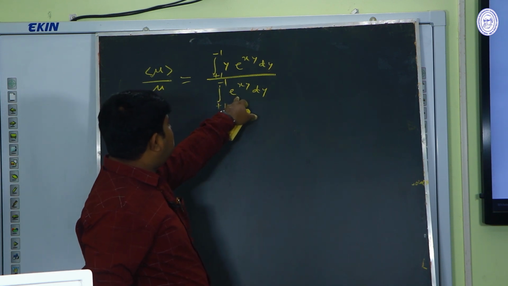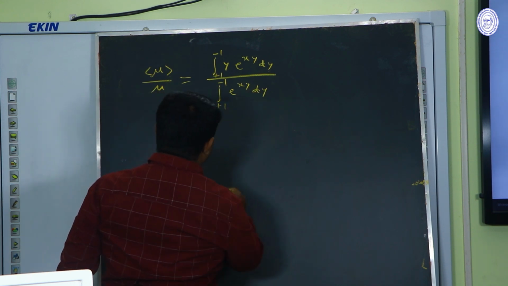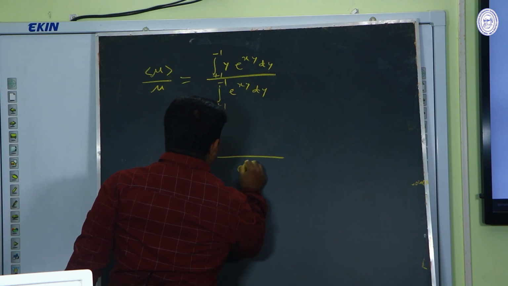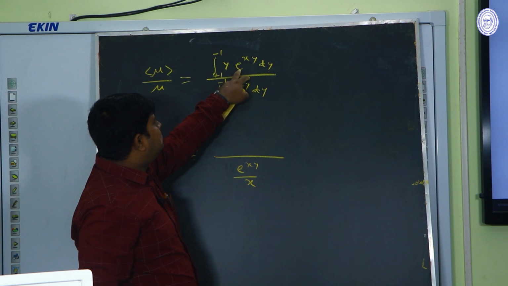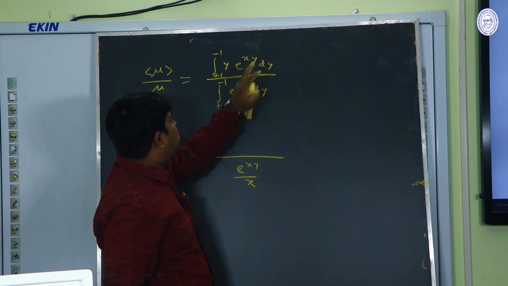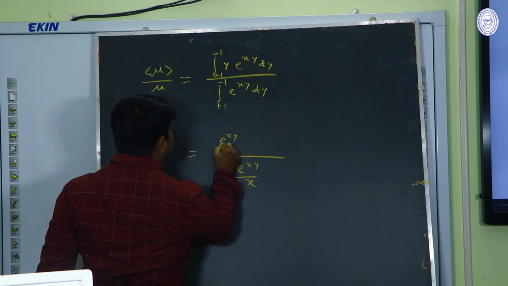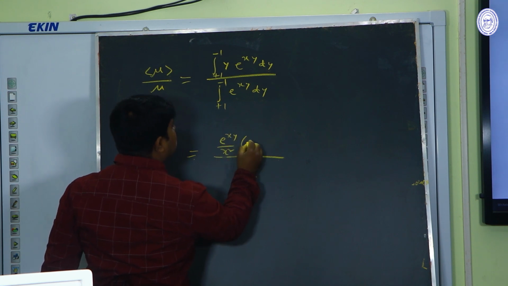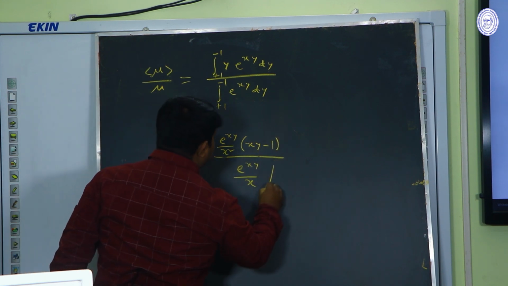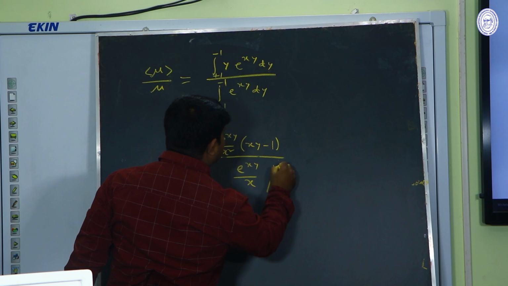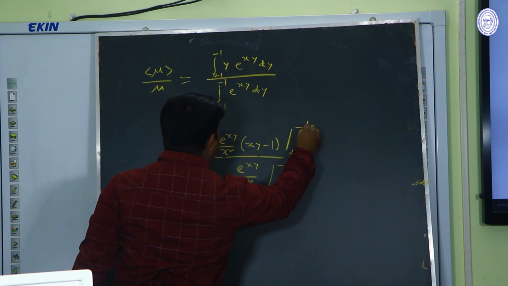The integration of e to the power xy dy is equal to e to the power xy by x, and the integration of y e to the power xy dy is equal to e to the power xy by x square into xy minus 1. The limit is plus 1 to minus 1.